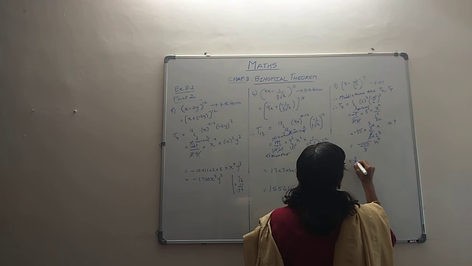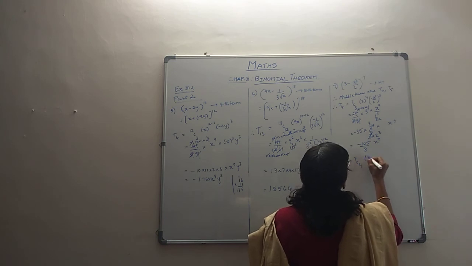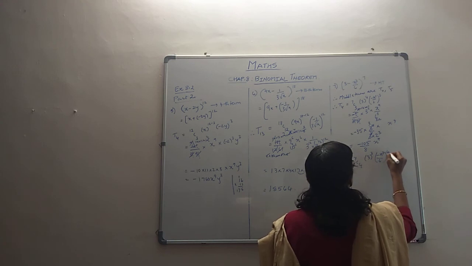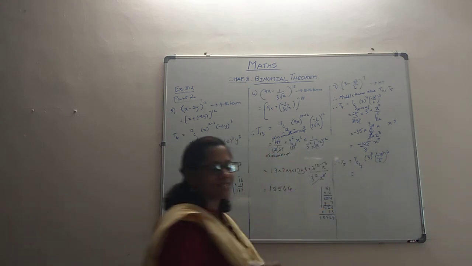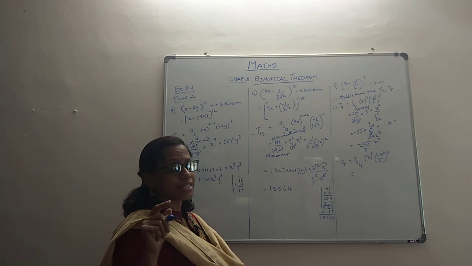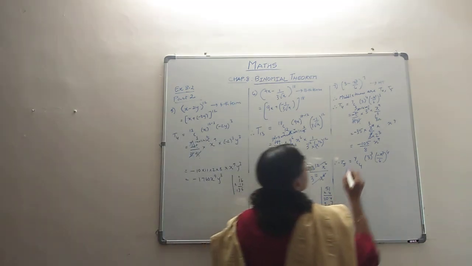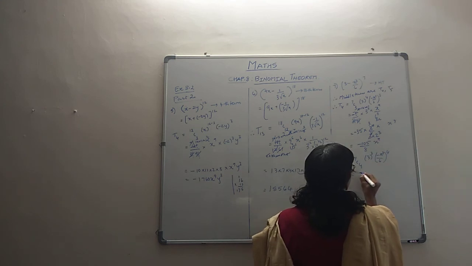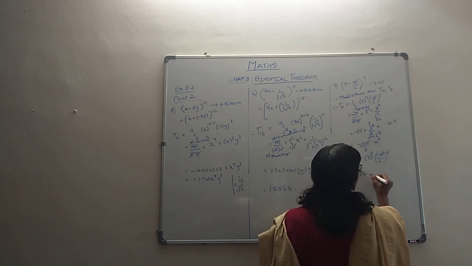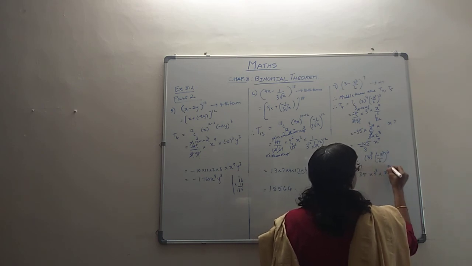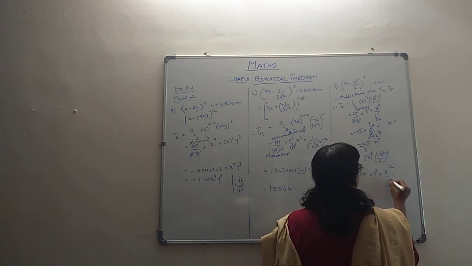That by formula is 7C4, 3 raised to 3, minus x cube by 6 raised to 4. 7C4 is incidentally equal to 7C3, by the idea that nCr is equal to nC(n minus r). So, this we have solved, it's coming to 35, 3 cube. Then, because it's an even power, this will be positive, x raised to 12 and 6 raised to 4.